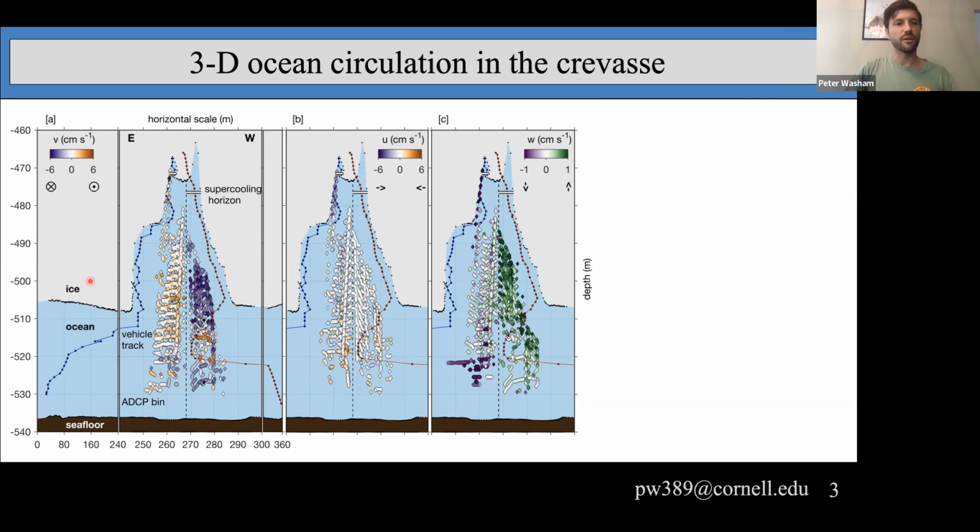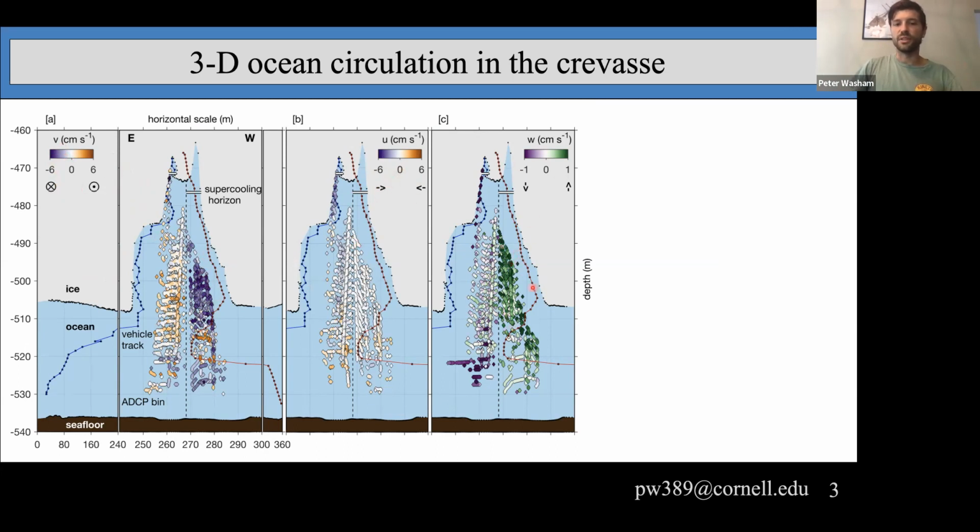The data was incredibly messy, but I was able to pull out some signal. The V here is north and south. The purple is going into the page, a southward flow through the crevasse, which you see very nicely here, and the orange would be coming out towards us to the north. The U would be left and right, so east and west, and then the W is simply up and down.